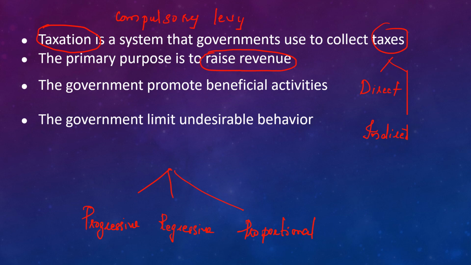The other part of the story tells why the government is taxing with respect to people and how it is influencing the people. Yes, from the part of the government it will be increasing its revenue, but when it comes to the side of the public, how is it influencing the public? Whenever the government introduces a new tax, it will be promoting some beneficial activities.